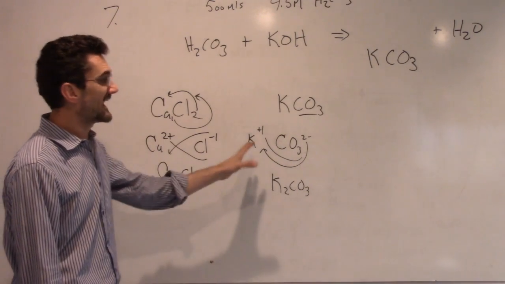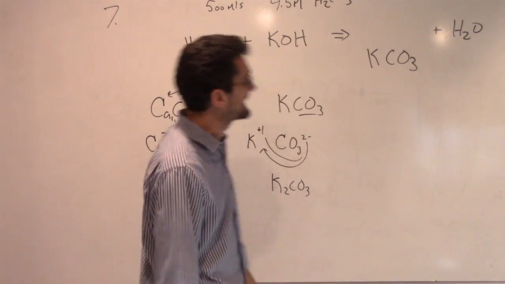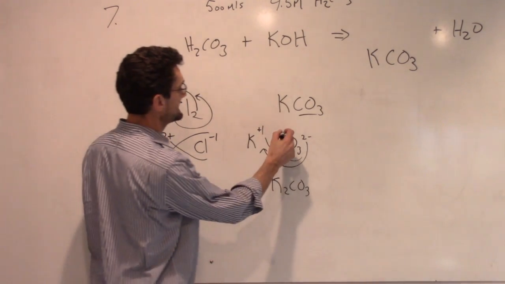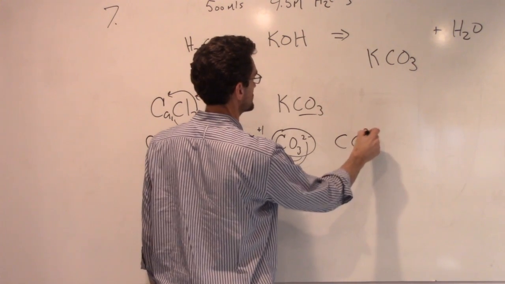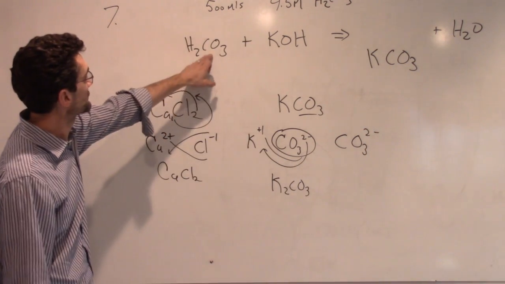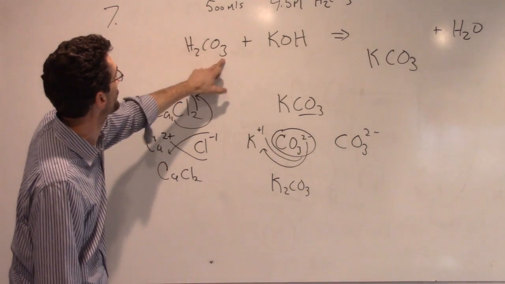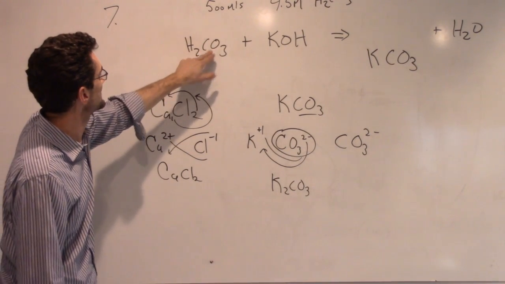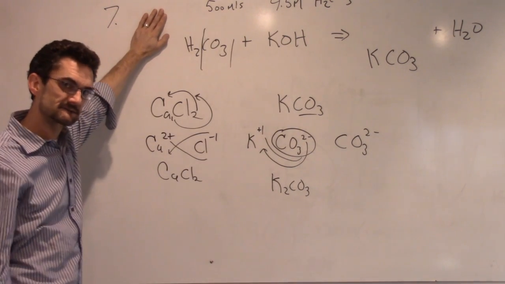And you know, you didn't have to look on page 288 in your book to see that carbonate was actually CO3 2 minus. You could have looked right here. How does H2CO3 tell you the oxidation state of this polyatomic ion?